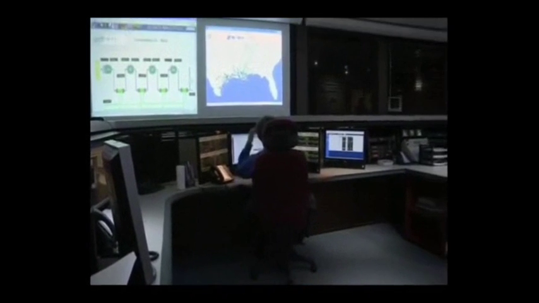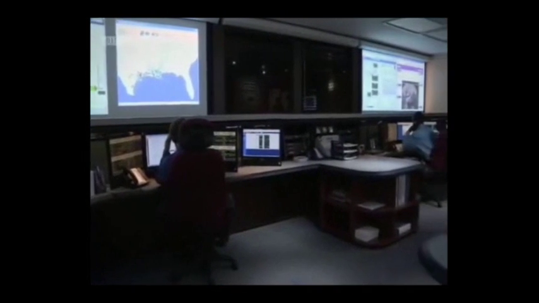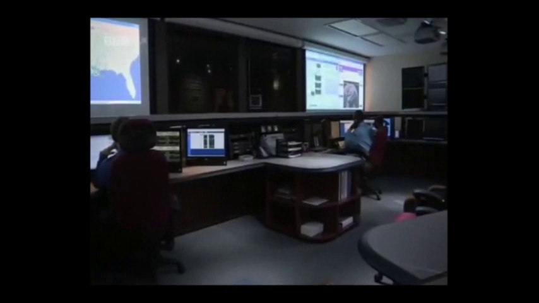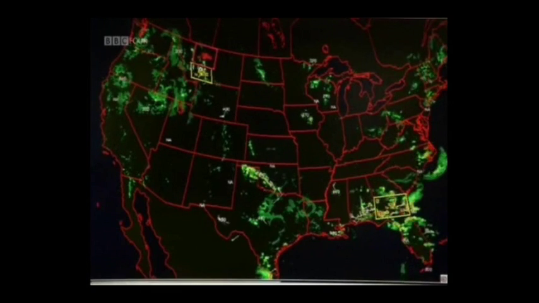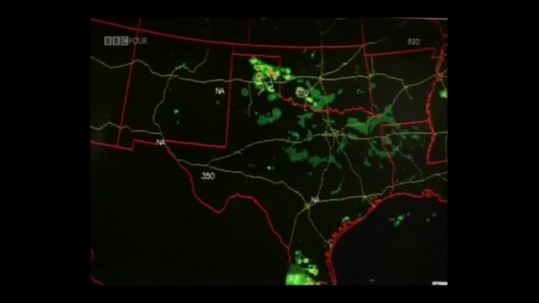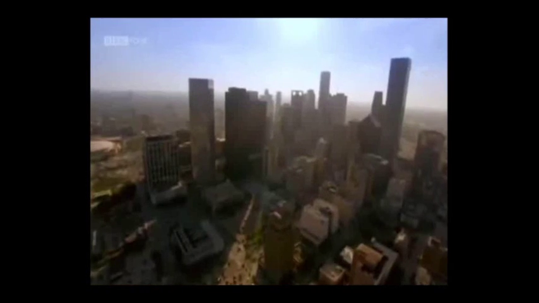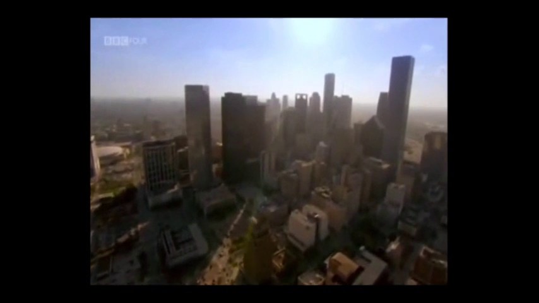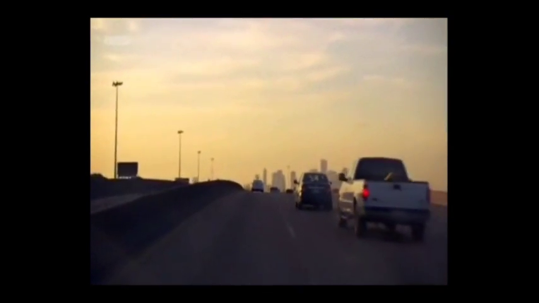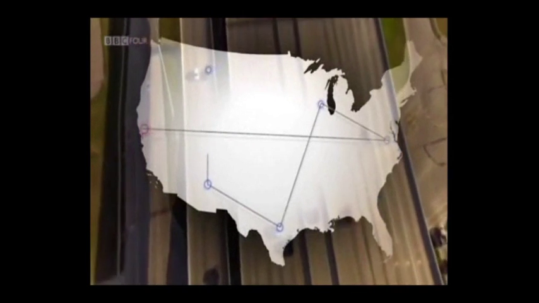Finding the best routes to get the right truckloads to the right customers every day is a massive logistical challenge. And this challenge has a name: the travelling salesman problem. The task is to find the shortest route between a number of cities, visiting each only once, before returning to the starting point.